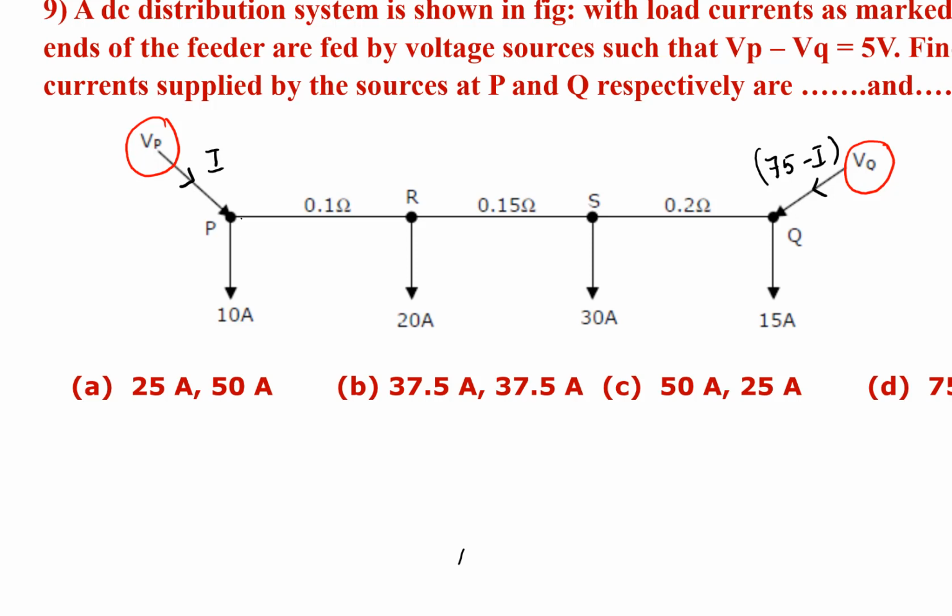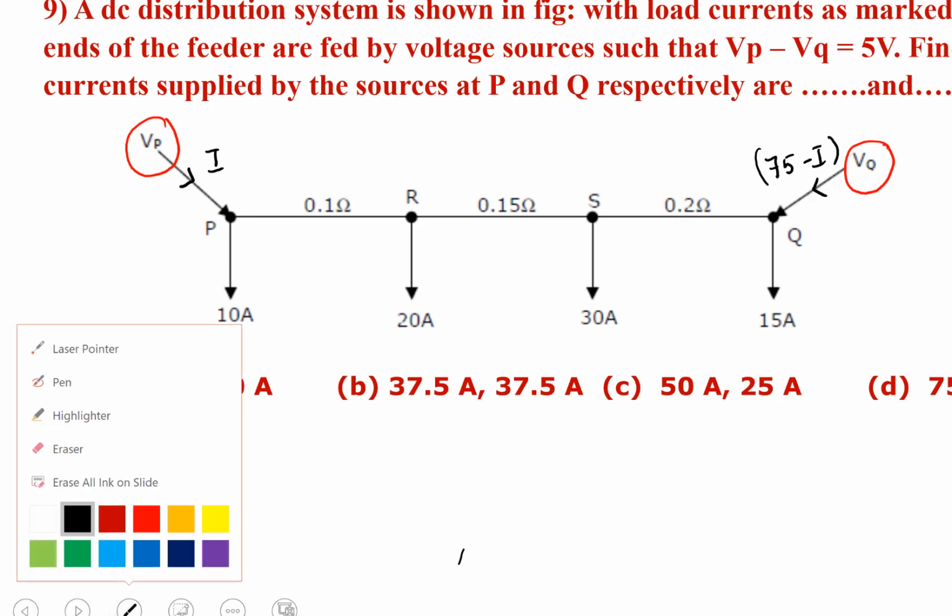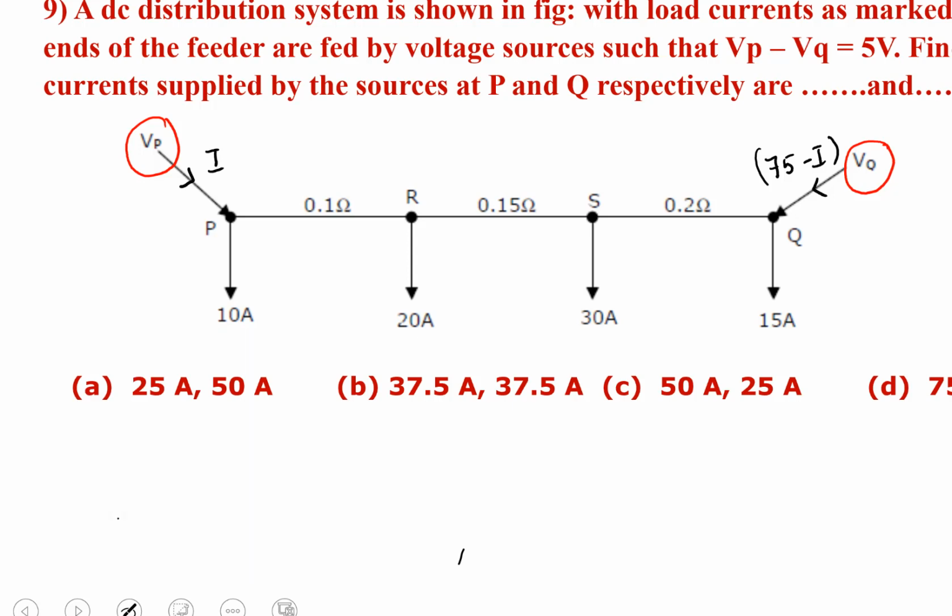So what is the current injected by the source at P? It is I. Out of this I current, 10 ampere current is flowing through this load. Then what is the current that is flowing from point P to point R? The current flowing is I minus 10, because already 10 ampere is tapped at this point. Now at point R, the load is tapping 20 ampere.